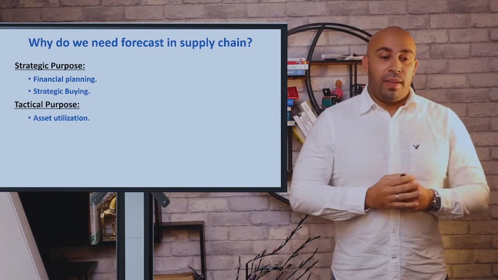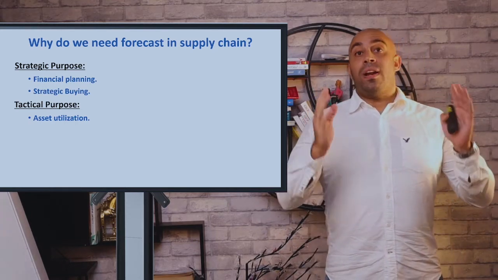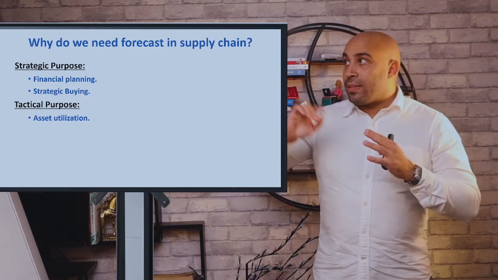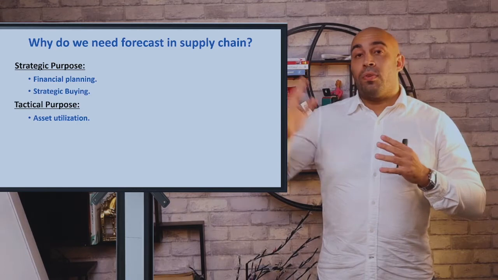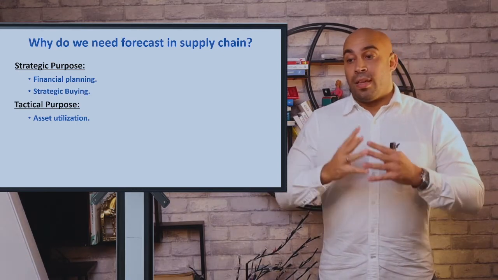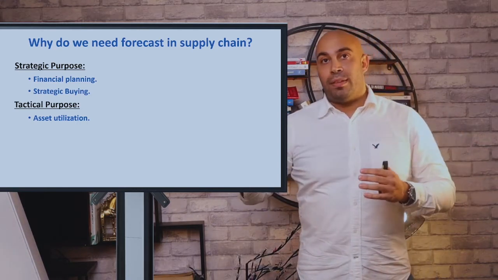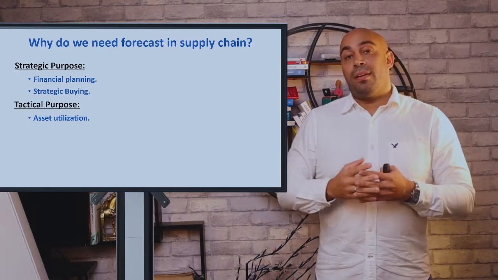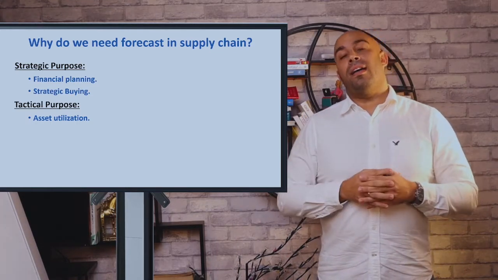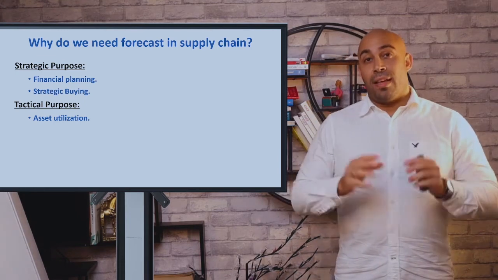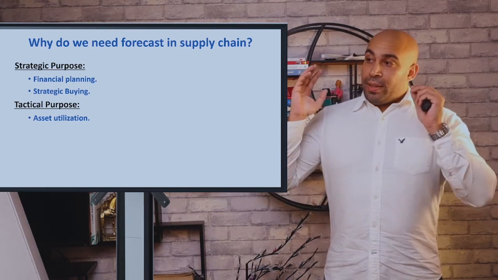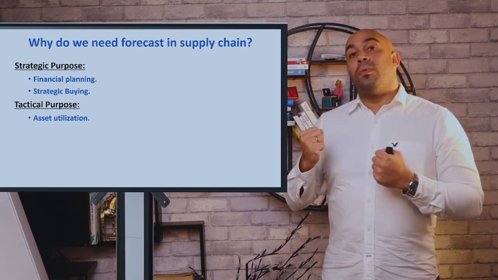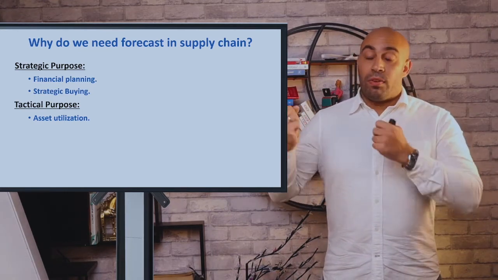For example, if I'm looking at warehouse capacity right now and I don't see the forecast for 1 year, then if there is a peak in demand and I don't have the capacity to fulfill it, I will have unfulfilled demand in that period. So seeing the forecast earlier allows me to plan earlier.